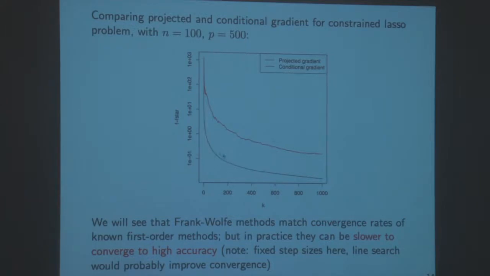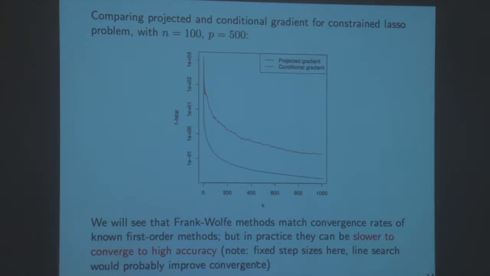We already know that a second order method would dominate all of these. But even compared to projected gradient, Frank-Wolfe appears to be struggling. Its practical speed appears to be somewhere in between a subgradient method and a projected gradient method.